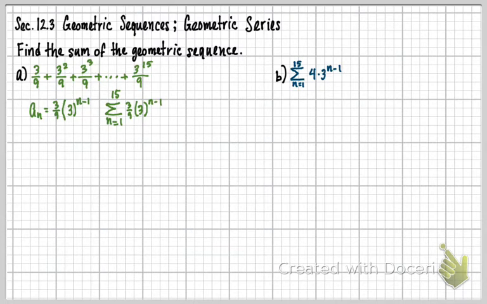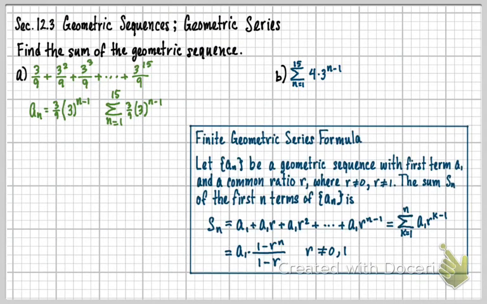And that formula is, so now looking at this formula here, it says let a sub n be a geometric sequence with first term a1 and a common ratio r, where r is not equal to 0 or 1.